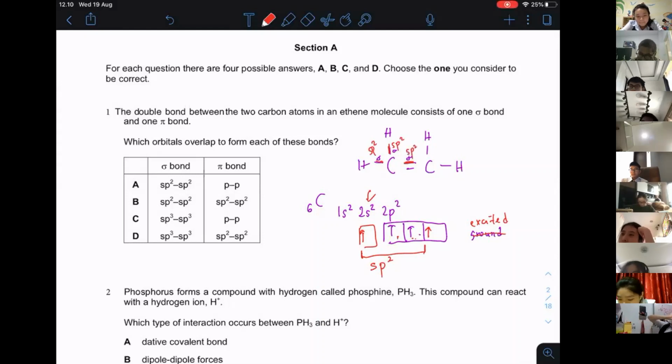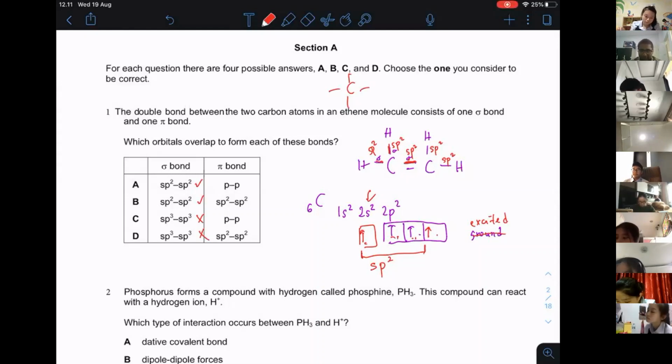The sigma bonding here is between sp2 and sp2, definitely not sp3. sp3 happens for methane or ethane, because they need 4 bonds, so of course sp3.